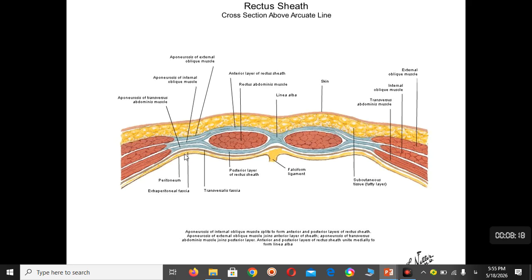This is areolar tissue, and the deepest layer is the parietal peritoneum.